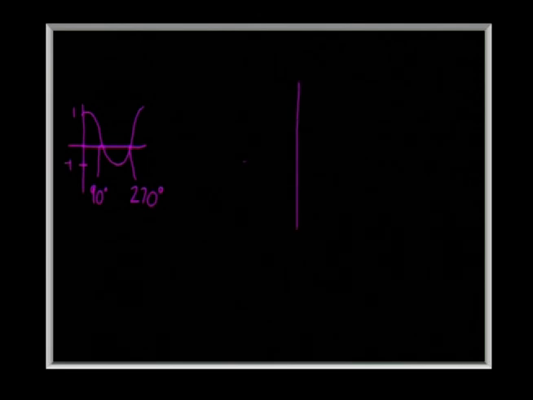Let's draw a new set of axes. And instead of going through at 90 degrees, we're now going to go through at 120 degrees, because 90 plus 30 gives us 120 degrees. And instead of going through at 270, we're going to go through at 300 degrees.